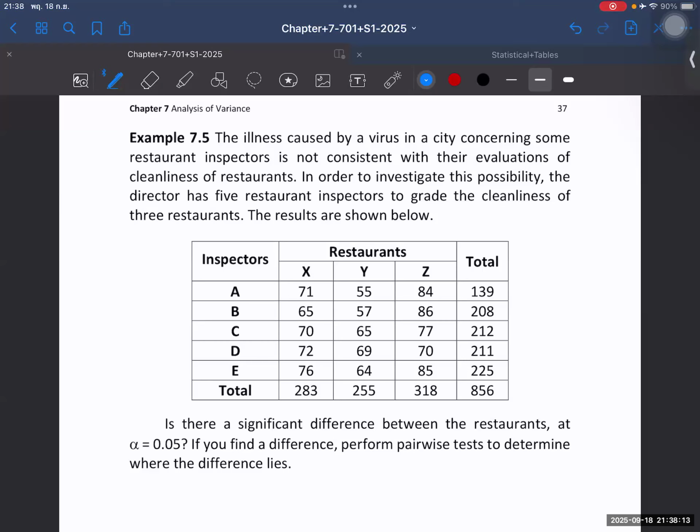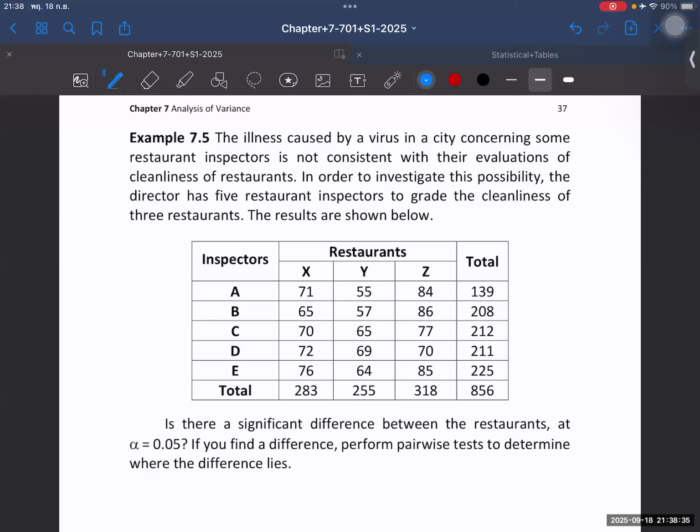So you can see the restaurant is the column and the inspector is the row, right? So what do they want?